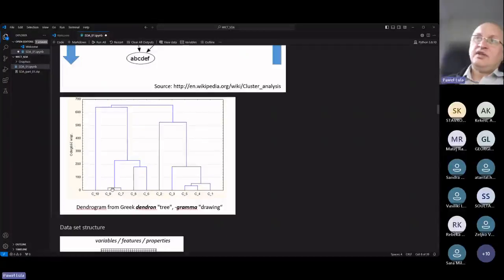After this merging operation, we had 9 groups: 8 groups with one object, and the 9th group with 2 objects.